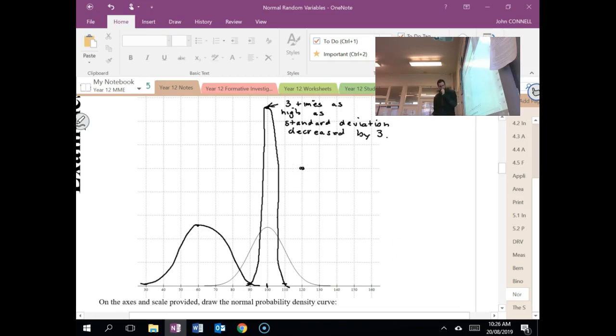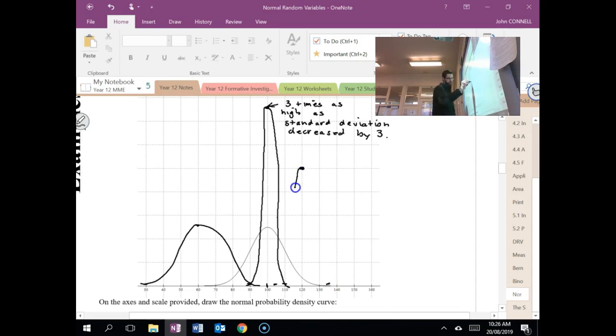And my standard deviation is going to be very close to the x-axis here and here. So my standard deviation is 5, which means at about 15 on either side, 3 lots of my standard deviations, which is 15, it'll be very close to the x-axis.